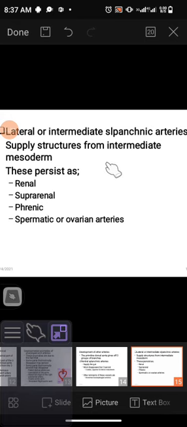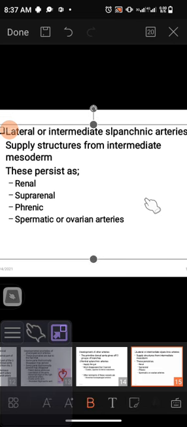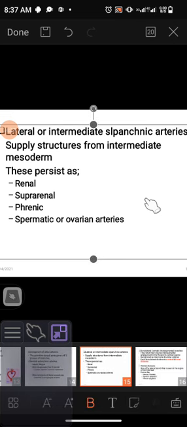So if you can remember that, you know that the arterial supply of the intermediate splanchnic arteries should be going to these structures: kidney, adrenal gland, diaphragm, the testis, and the ovary.